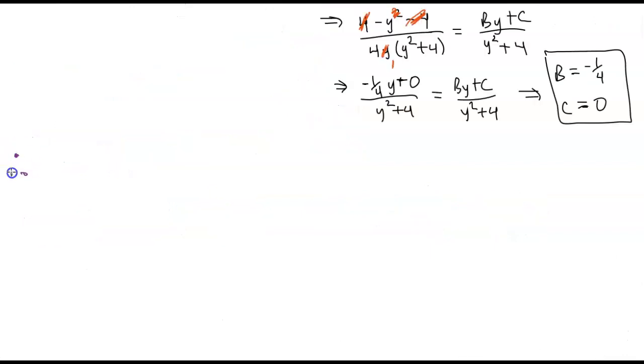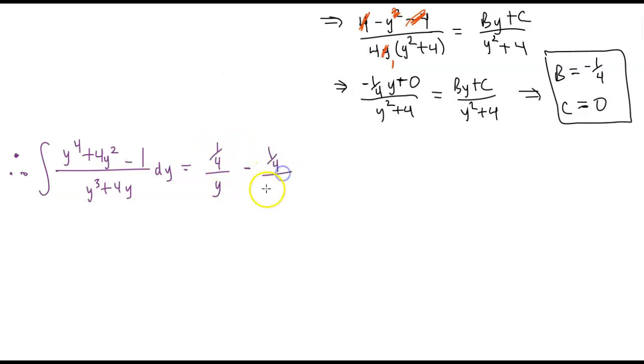All right, so therefore, if we start out from the beginning here, we had the integral of y to the 4th plus 4y squared minus 1 all over y cubed plus 4y dy. And we know that we can just rewrite that now as 1/4 over y minus 1/4 times y over y squared plus 4.